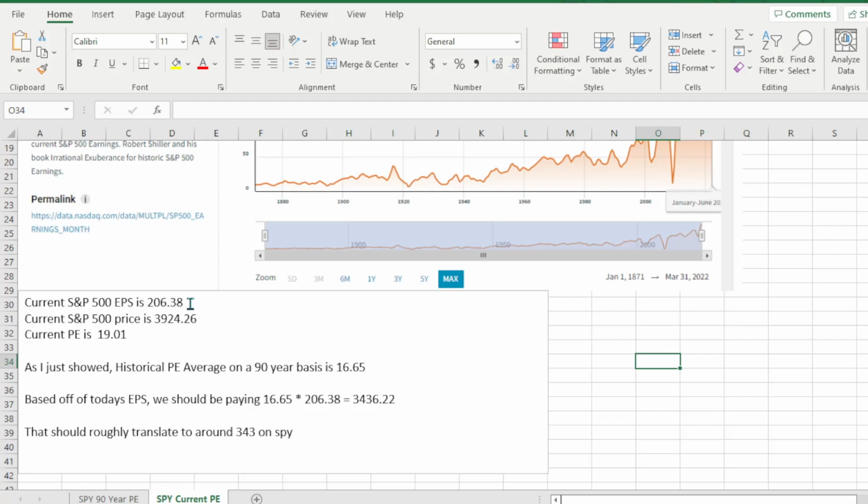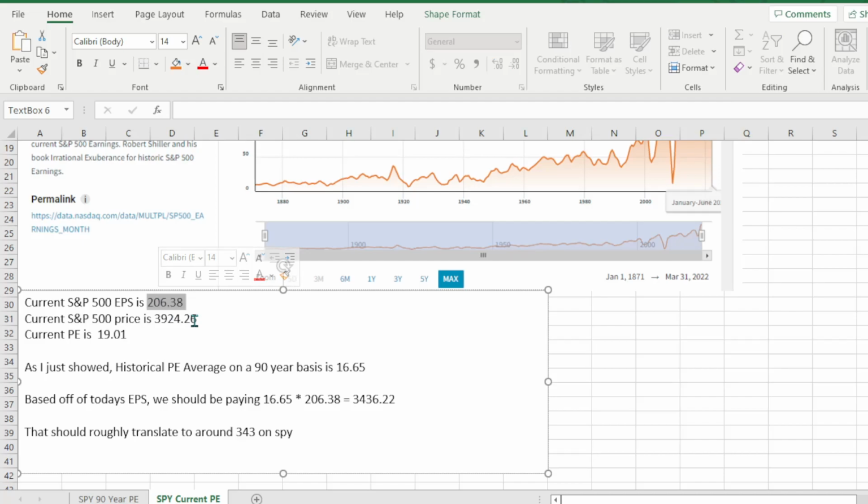So after a slew of earnings, this 206.38 could actually go down if it wanted to, or it could go up. So just keep that in mind that this number can change right here. So just based off of today's earnings per share, I'm saying that looking back in history, 343 is probably around the area that we should be paying.